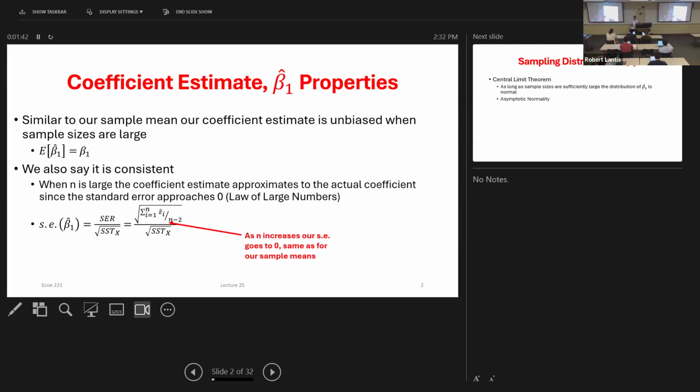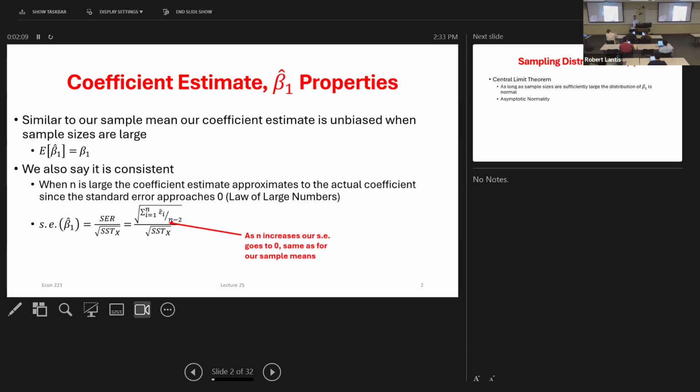Now, I had the equation on the slides, but the part that we're really concerned with is that we're minimizing the sum of our squared error terms, right? Our error was just the difference between our actual Y values and our predicted Y values. There was this n-2, and then there was something we really don't have to worry about down here, because it isn't influenced by the sample size.